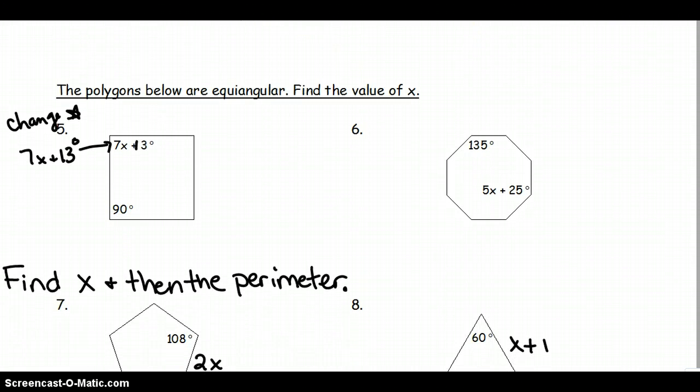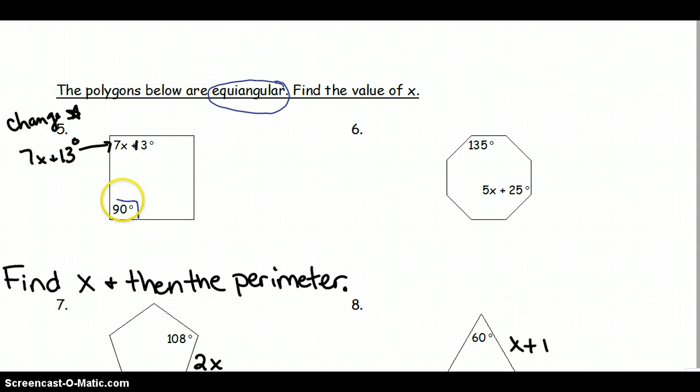Then there's these problems. It tells you that these polygons are equiangular. And we're going to find the value of x. For this first one, I'm changing it to 7x plus 13 instead of 7x plus 3. Otherwise, it doesn't come out very nice. Since it's equiangular, we know that the angles are all equal.